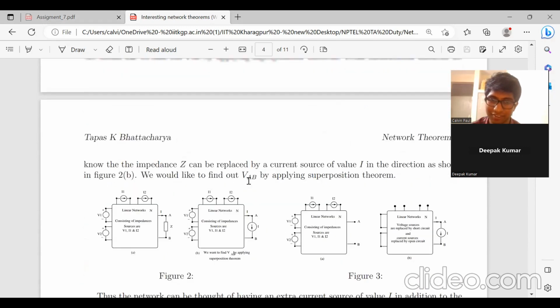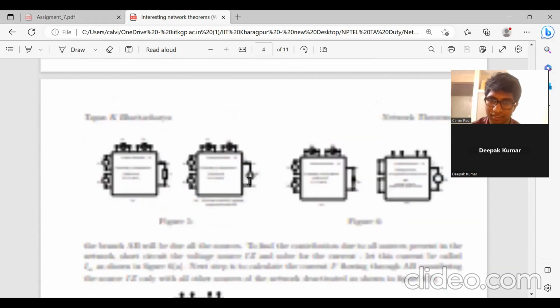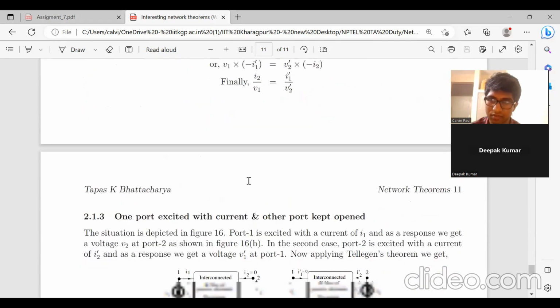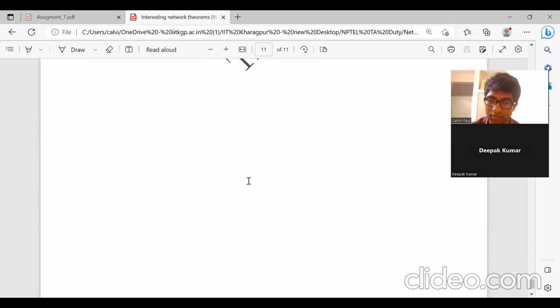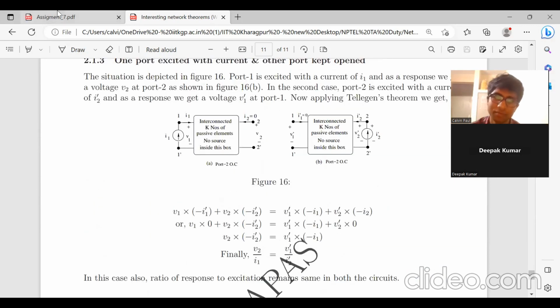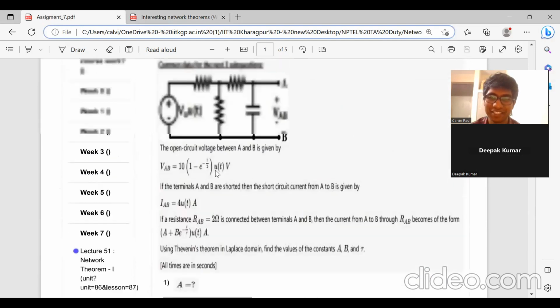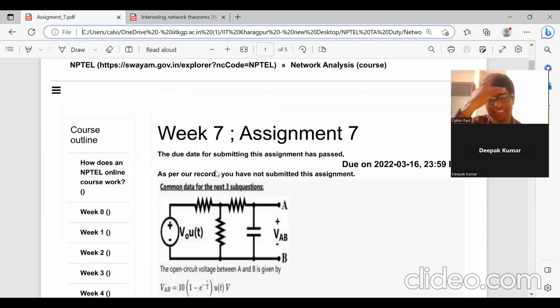Wow. But sir, in general, where do we use a two-port network? Yeah, this is a good question. We can consider some sort of black box, I'll just draw.